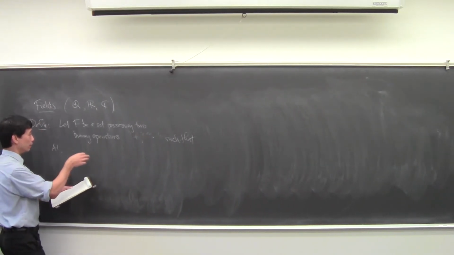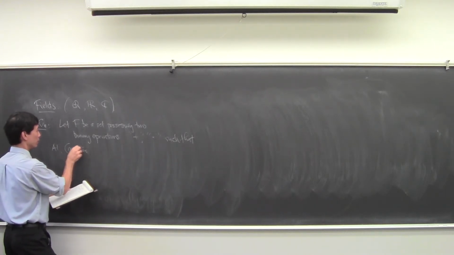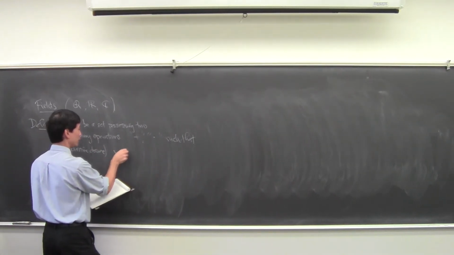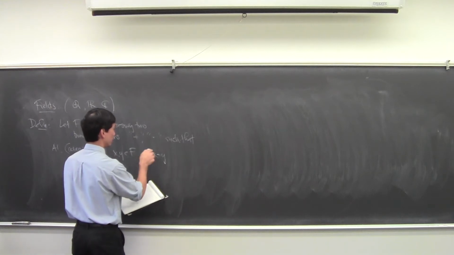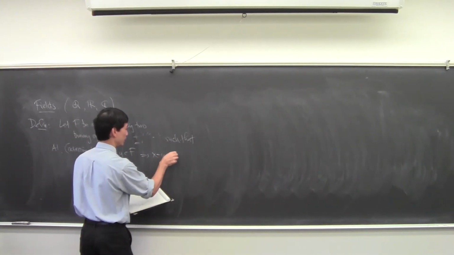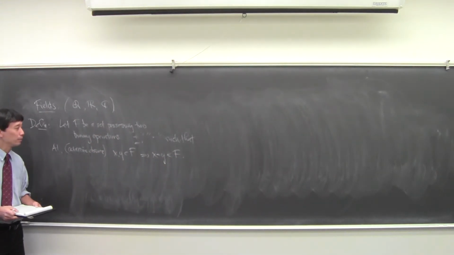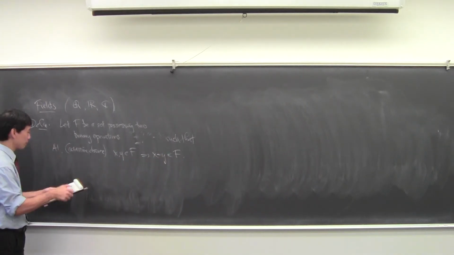So the first is additive closure. Whenever you have two guys in the field, when you apply this first binary operation to them, you still stay within the field. You don't leave the field. Two guys in the field, their sum is still going to be within the field.